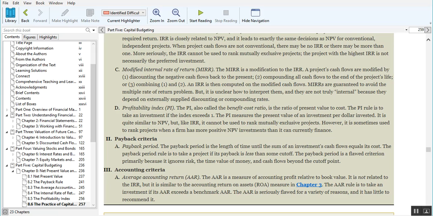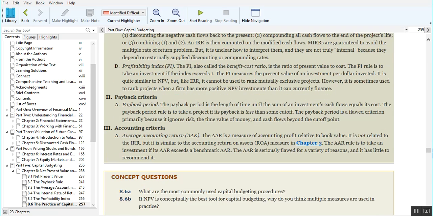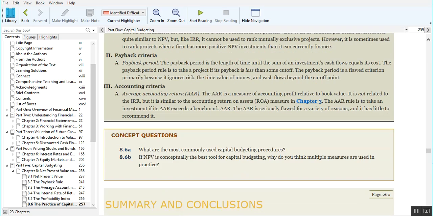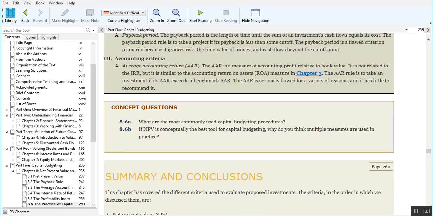The profitability index rule is to take an investment if the index exceeds 1. Payback criteria: you decide to do something if you get your money back within an arbitrary payback period. And then the accounting criteria is the average accounting return, which is also an arbitrary cutoff, but you are calculating a return using a profitability measure divided by a book value measure.